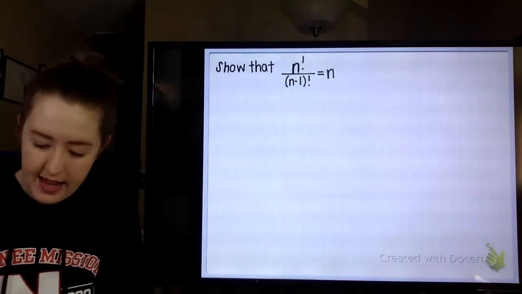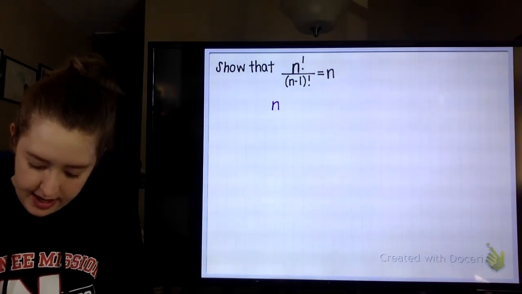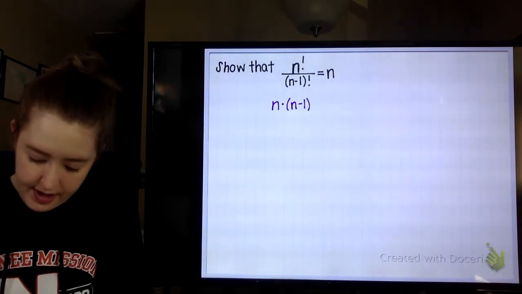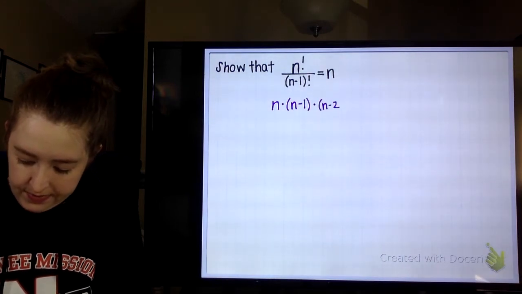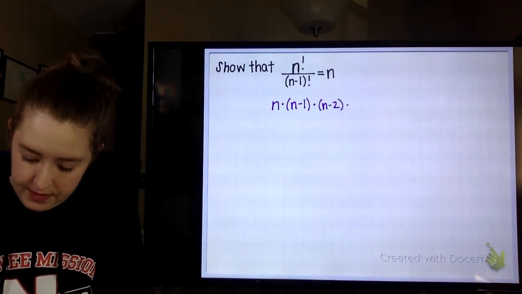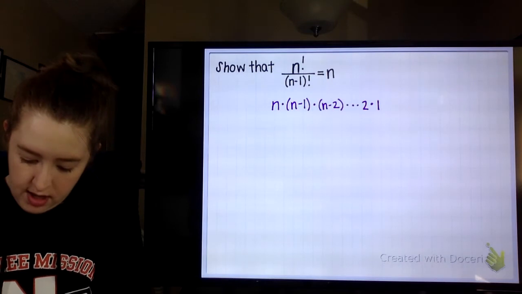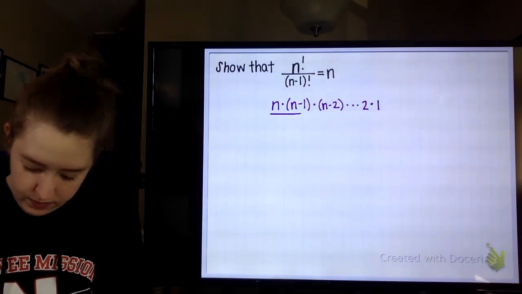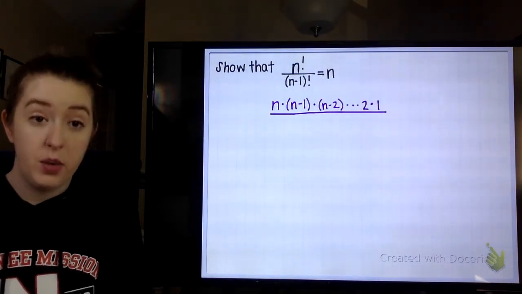So let's rewrite that as n times n minus 1 times n minus 2 times dot dot dot all the way down to 2 times 1. And then we will put all of that over n minus 1 factorial.